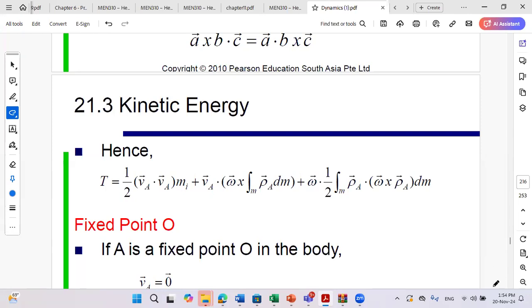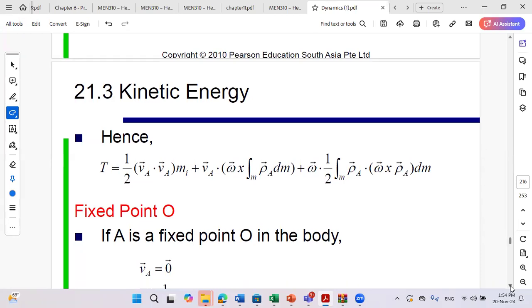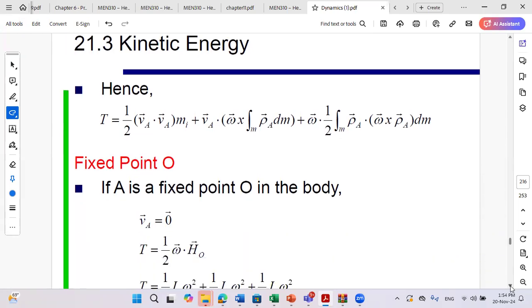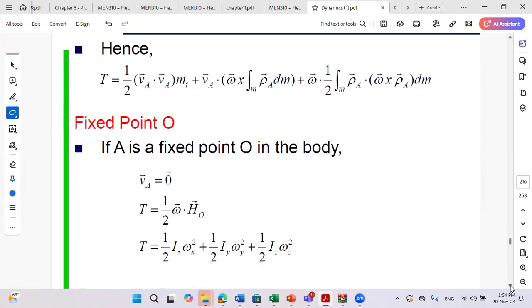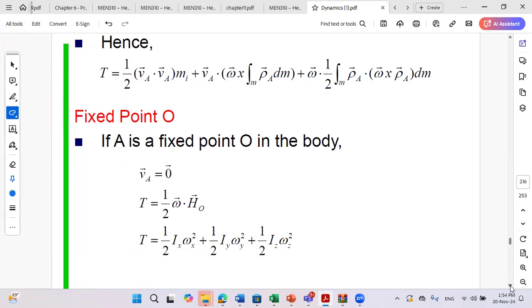So if you do the development and apply this formula for particular points, you can come up with the following cases. If I have rotation about a fixed point, then vA is 0.